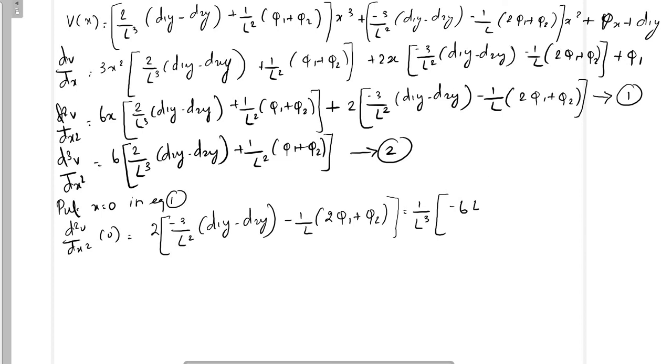So −6L d1y, plus 6L d2y. Taking 1/L³ outside, the 2 is outside, so 2 into 2, 4Φ1 L², minus 2Φ2 L².